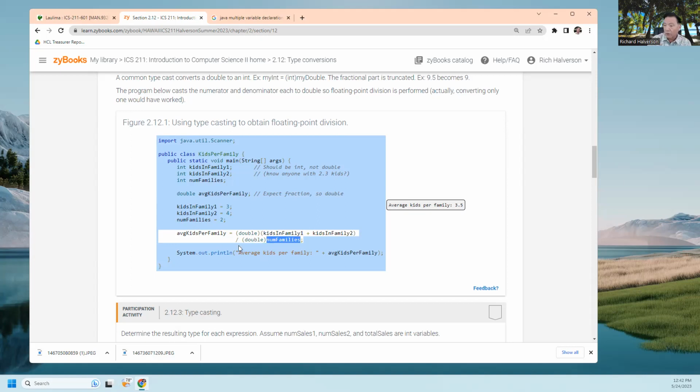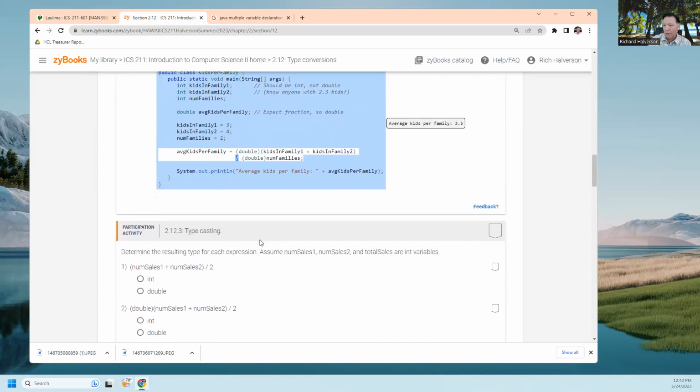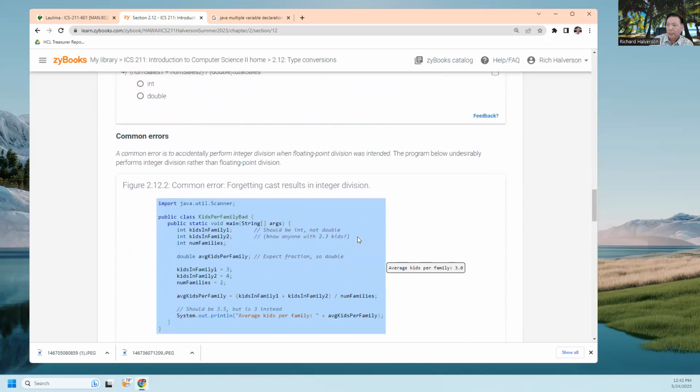And so we don't want that. So we can do this casting where we add these 2 numbers together and cast it as a double type. And then we've got the number of families down here, and we cast that as a double type. So when we do the division, it's going to be a floating point division, in which case we'll get the decimal point. Okay, so that's the whole idea behind typecasting.